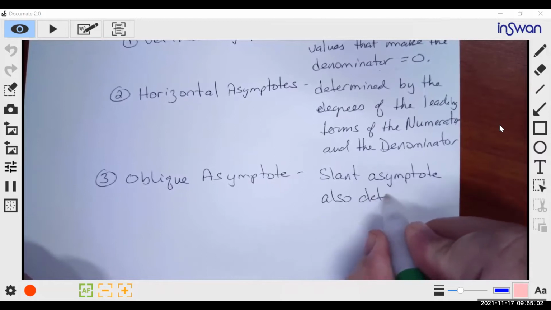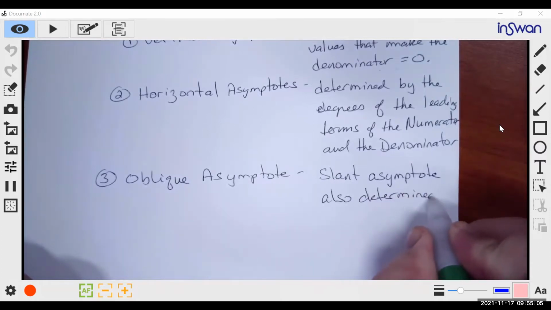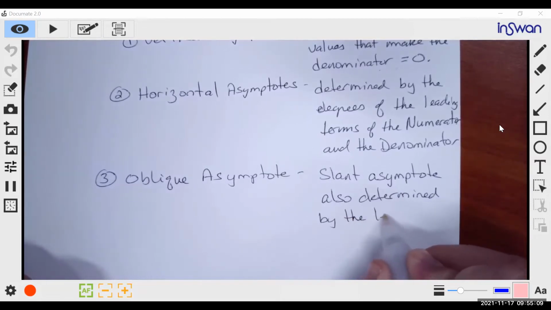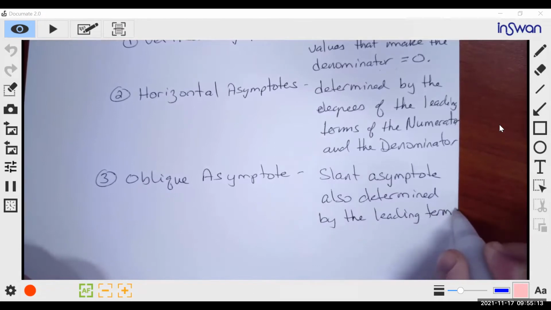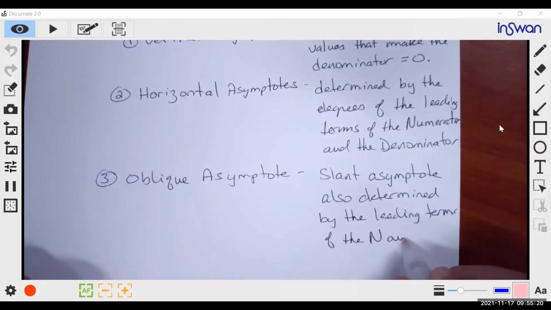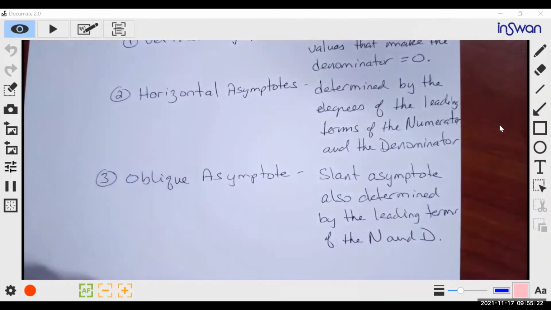Also determined by the leading terms of the numerator and denominator.